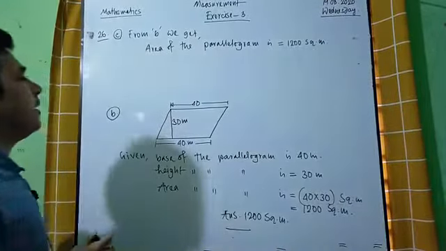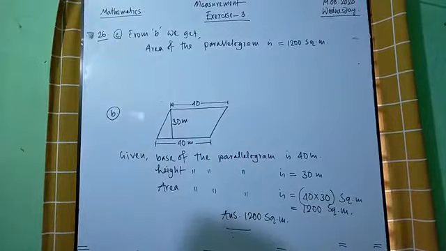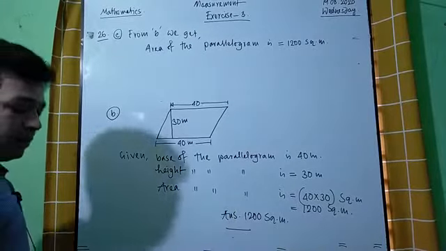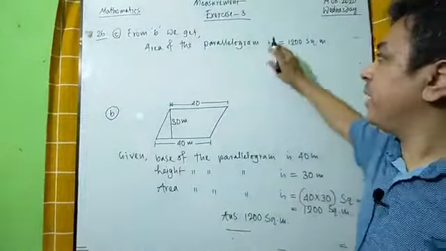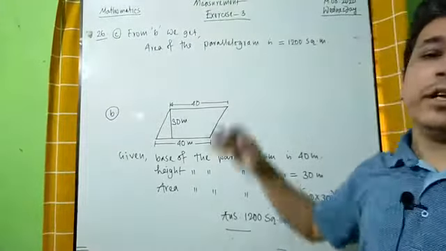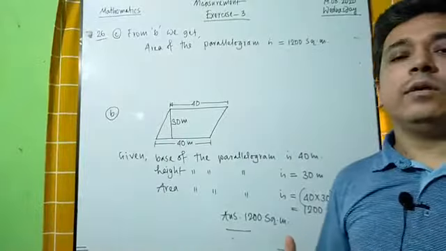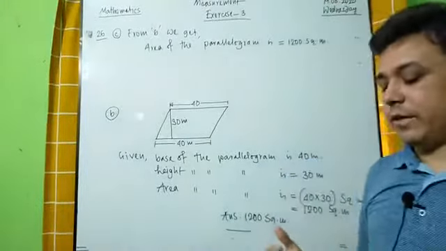Okay, area of the parallelogram is 1200 square meter. Written in the question, if area of the parallelogram is equal to area of the square, what will be the perimeter of the square?